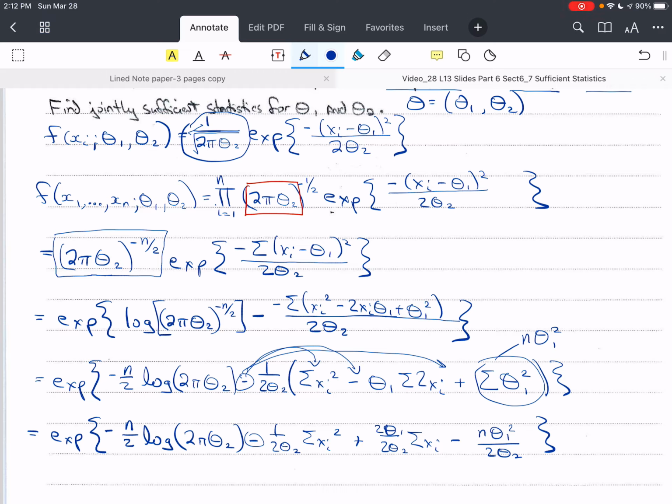So we have n over 2 here. This term is good. And then I have this term is good, negative. And then I have these twos cancel, so this term is correct. And then I have this term, good. And, okay.